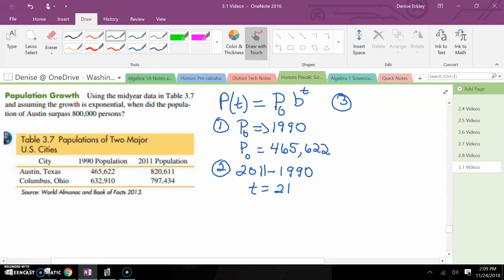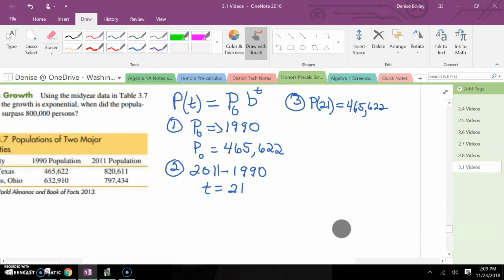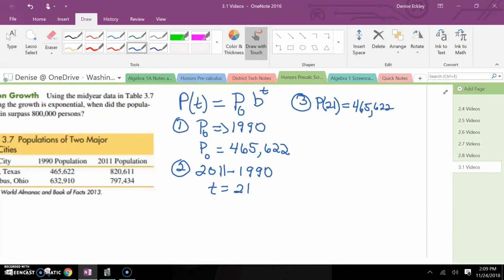Then from there, what we have to do is substitute that information into our equation. So we have P sub 0 and we have T, and then we can solve for B and find our growth factor. So P of 21 is going to equal 465,622 people times B to the 21st power.